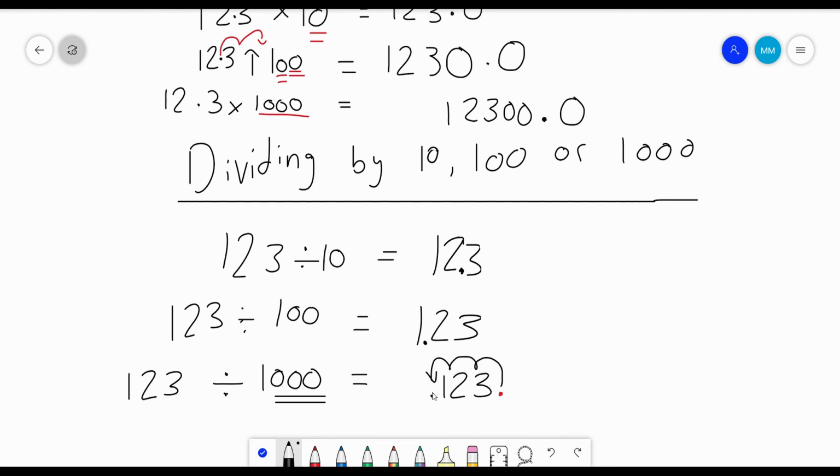So the decimal point has landed over here. But you can't just leave it like that. You need to have a number on the left hand side. So we make one. We put a 0. And that's all you need to do. And then clean up your mess. So your answer is 0.123.